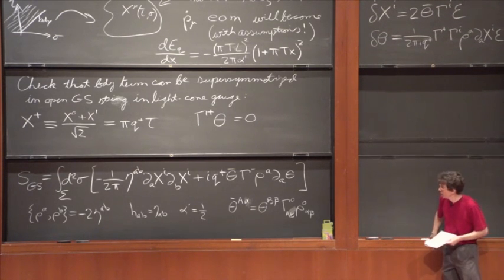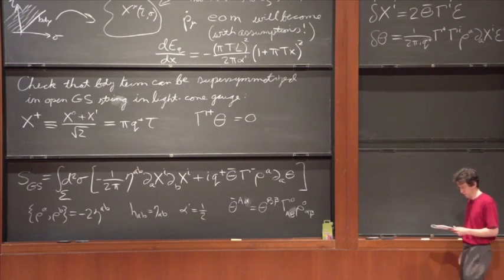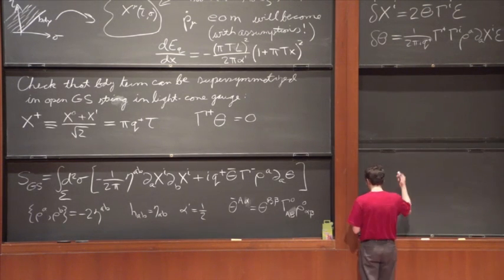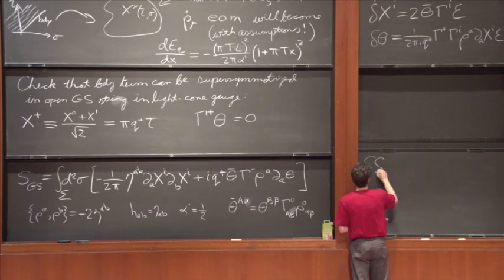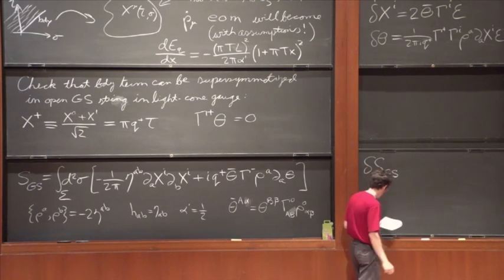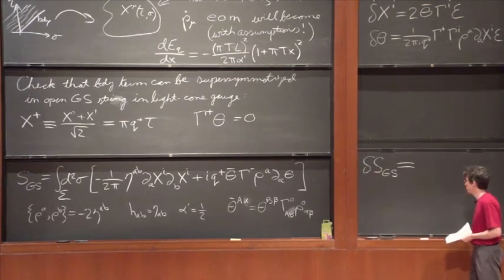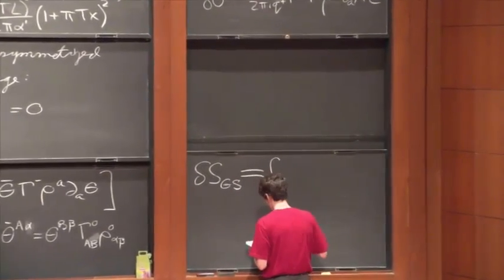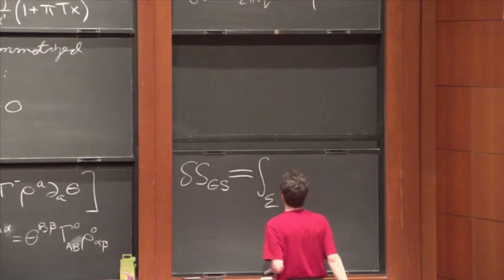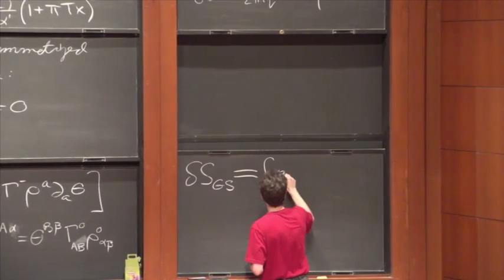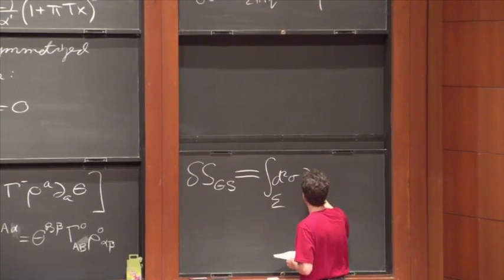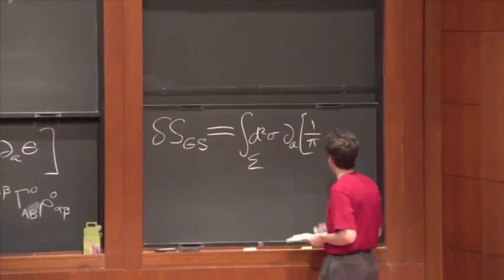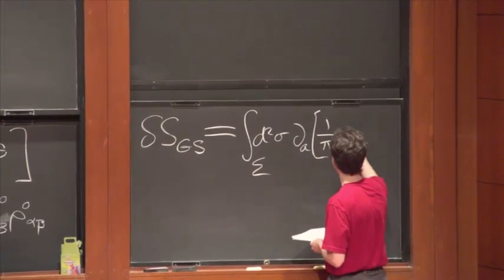Okay, so as not to get too involved in derivations, let me just quote to you the key points of the supersymmetry variation analysis. The supersymmetry variation of the Green-Schwarz action winds up being the integral over sigma of some total derivative. That's good because you want to integrate it to the boundary and claim that it vanishes according to boundary conditions.